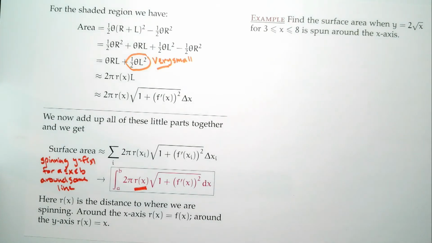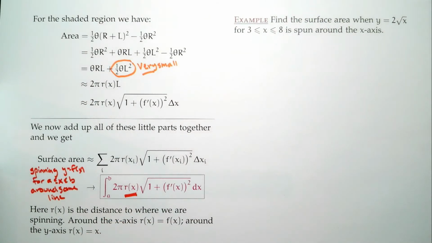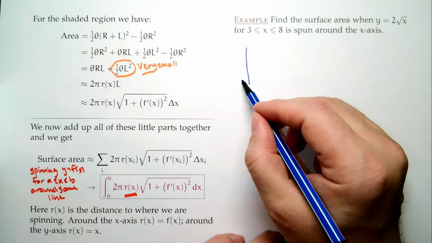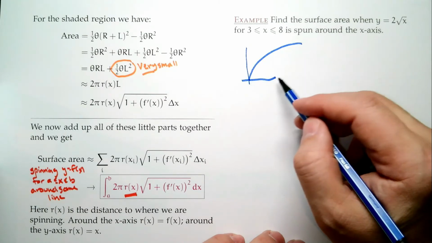Oh, for example, right now. Find the surface area when y equals 2 root x for 3 less than or equal to x less than or equal to 8 is spun around the x-axis. Okay, so we have the curve 2 root x. So 2 root x does something like that.